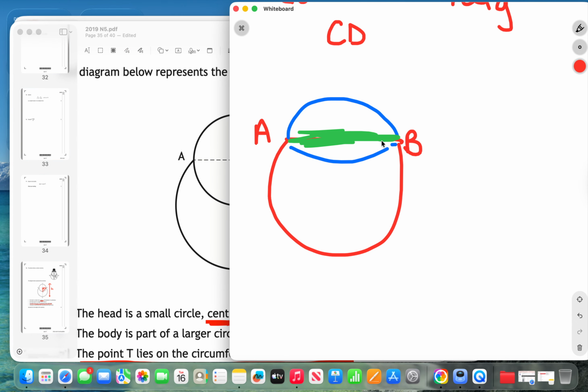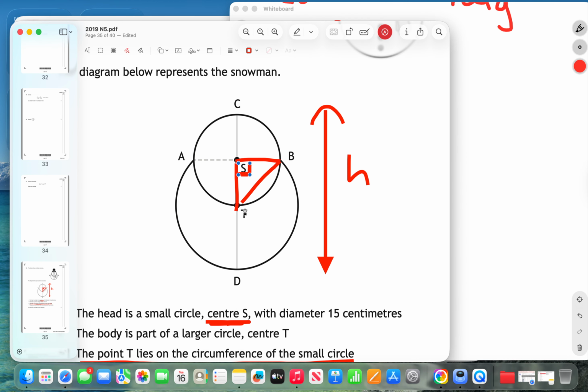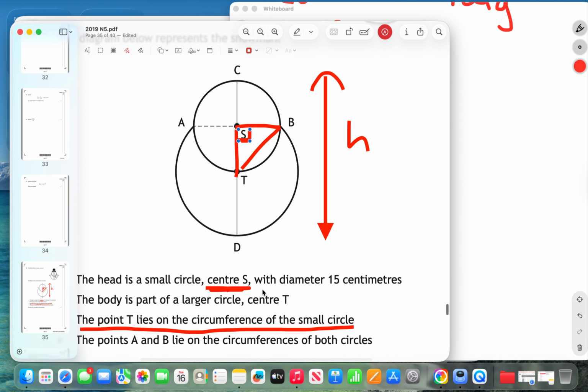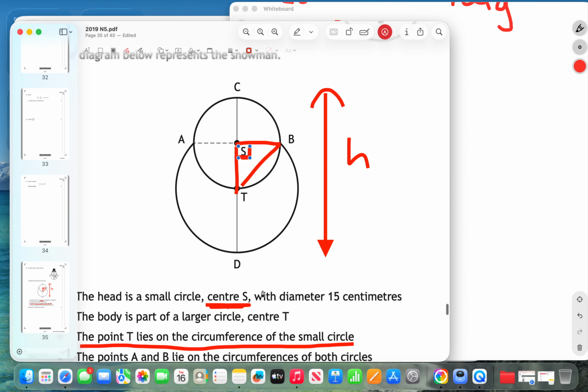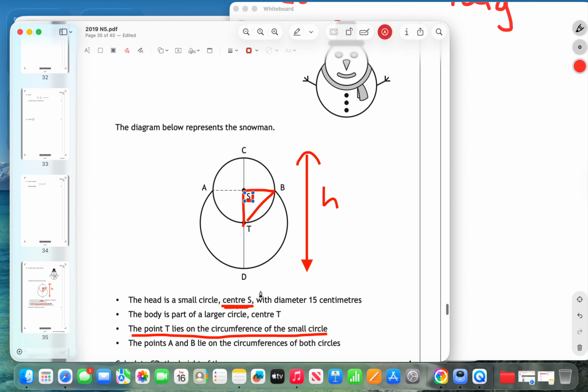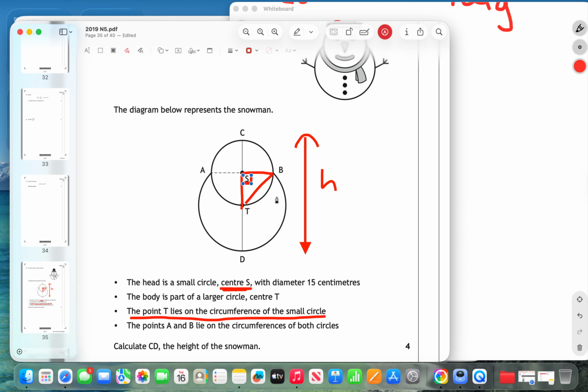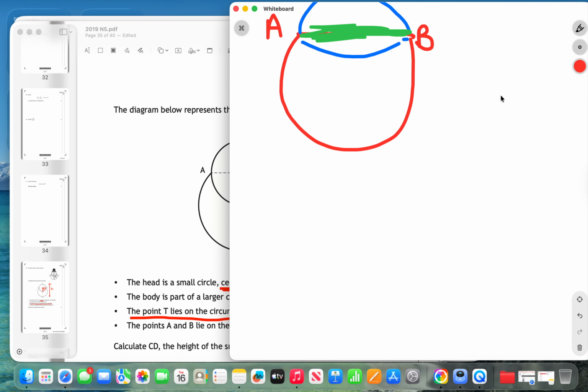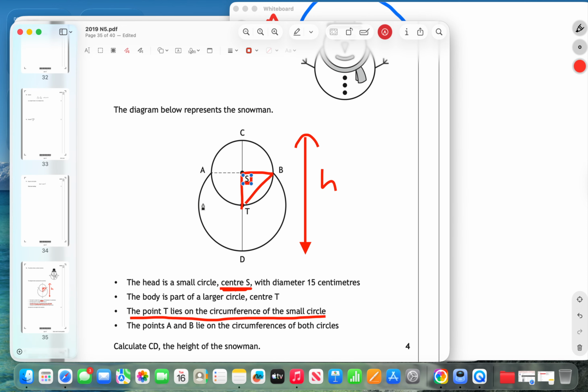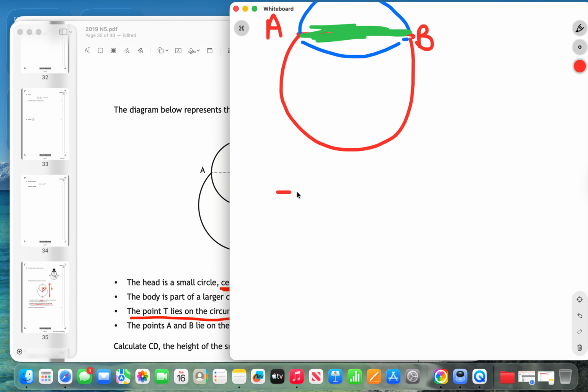So because that green line is a chord, we then know that ST and SB are perpendicular to each other. So we can use Pythagoras to find TB, and the length of TB has to be the same as TD because D lies on the circumference of the big circle and so does B. So both TB and TD are the same length, the radius of the big circle.